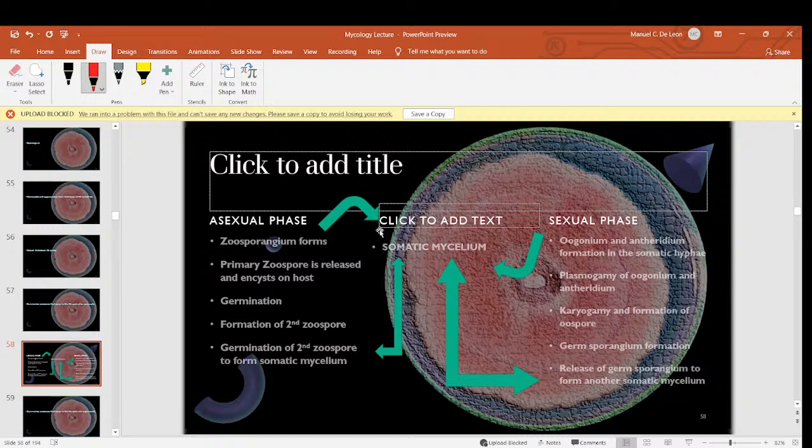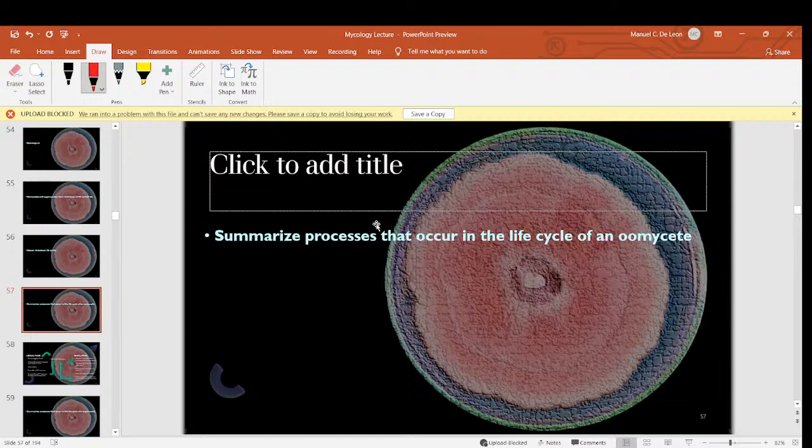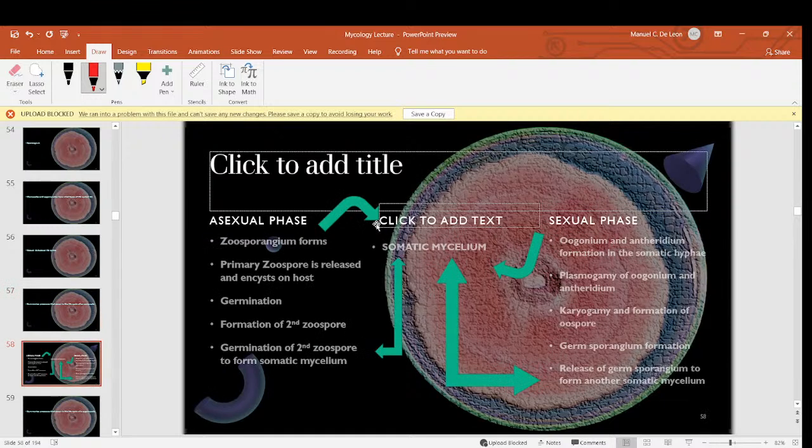And the somatic mycelium will undergo two different types of phases. In the case of an oomycete, the oomycete will undergo an asexual phase, starting with the zoosporangium, which basically comes from the sporangia of the somatic mycelium.